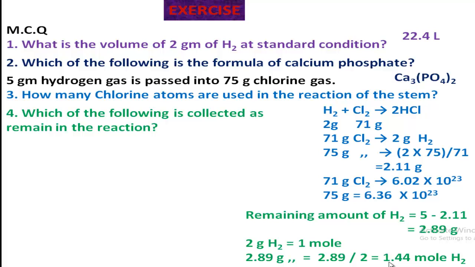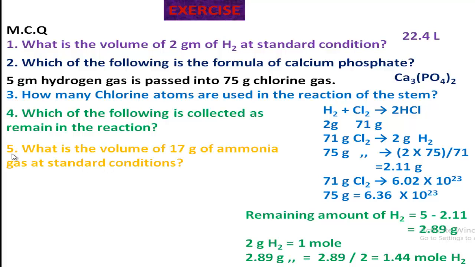So here you will get 1.44 mole hydrogen, and it will be the answer. But if it only asks the name of the reactant, in that case the answer will be hydrogen. But here in the options of your answer, it is given in mole. So for this you have to find out in mole.